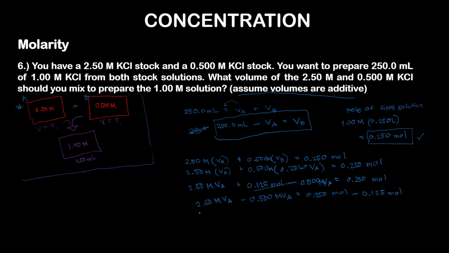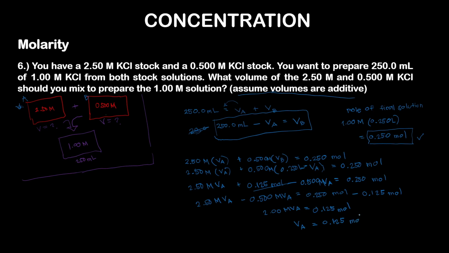So 2.5 minus 0.5 is 2, so that would be 2.00 molar VA. And 0.25 minus 0.125 is 0.125 mole.